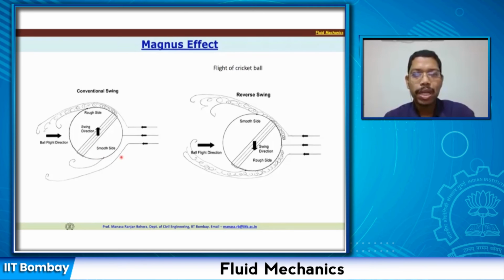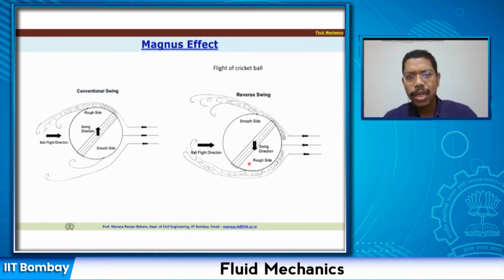But in the other case, the rough side is towards the batsman and the smooth side is towards the bowler. So now the flow is coming from this side. So what will happen, because of this roughness, there is turbulence being generated all the way from the beginning, also here, because of the roughness. And this roughness or the turbulence is going to be further supported by these seam positions here, and it is going to be separated at this point.